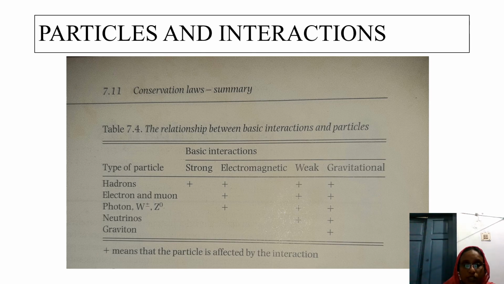These are leptons, electron and muon. Leptons are influenced by electromagnetic, weak and gravitational interaction. Photon, W plus or minus, Z0, these are influenced by electromagnetic, weak and gravitational interaction. Neutrinos are influenced by weak and gravitational interactions, and gravitons only by gravitational interactions.